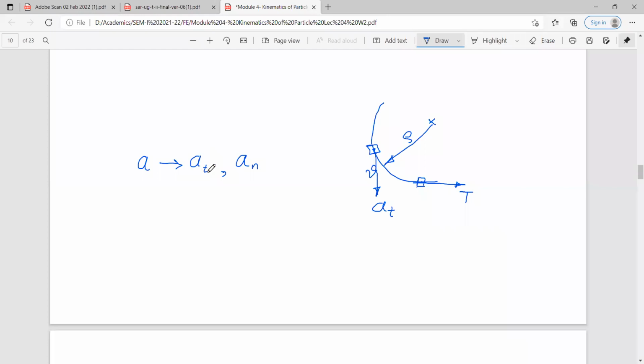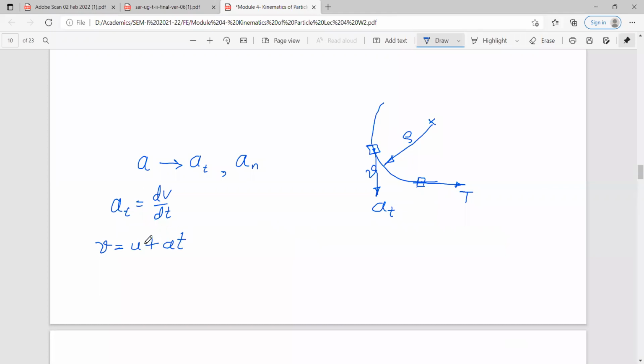We know that this tangential component can be calculated as rate of change of velocity. Okay, if suppose the velocity is changing at uniform rate, then we have other formulas, like when there is uniform acceleration, this particular equation will be useful to us.